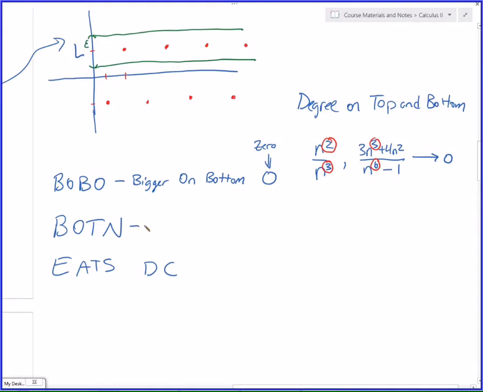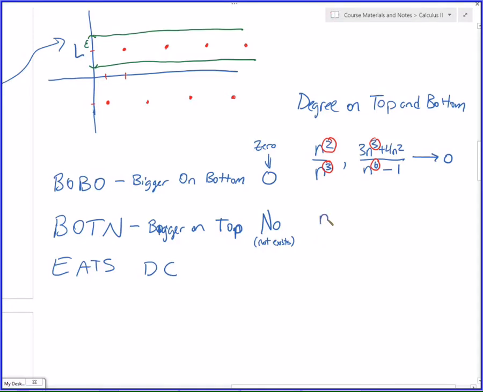Okay? Button. What do you think that stands for? Bigger on top. I think she says not exists, or maybe no. All right. Bigger on top? No. The limit does not exist. Okay?